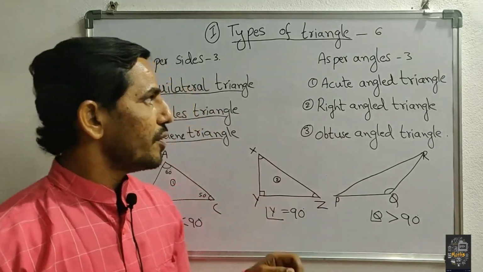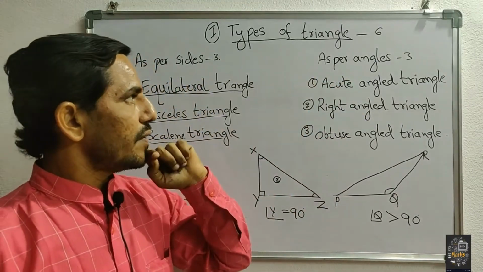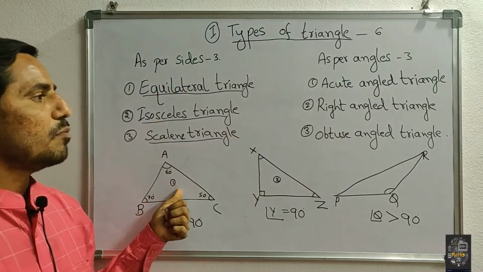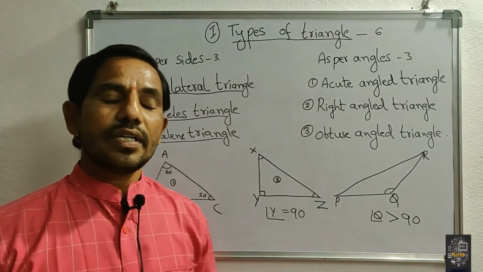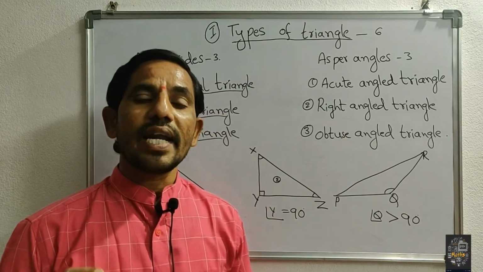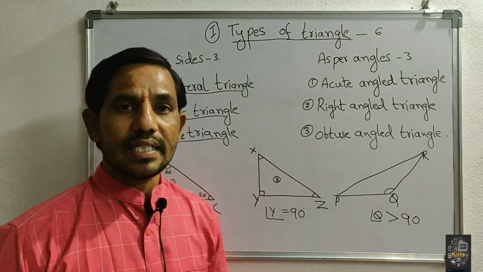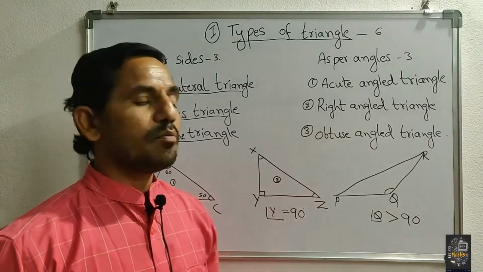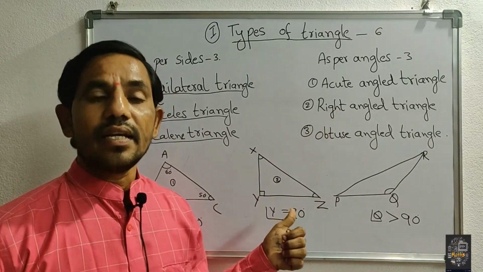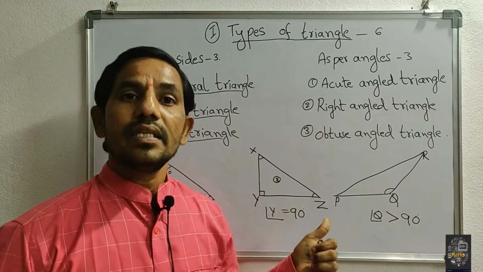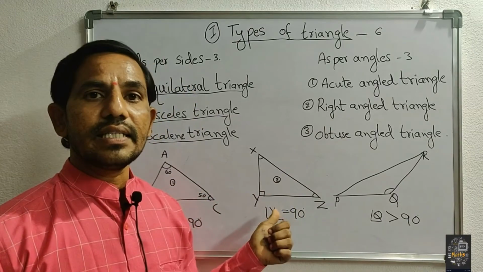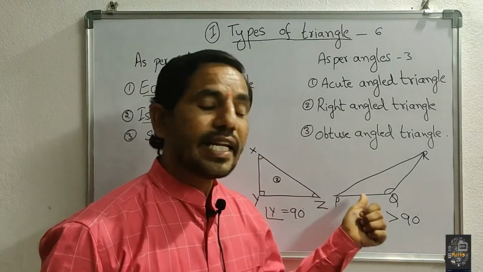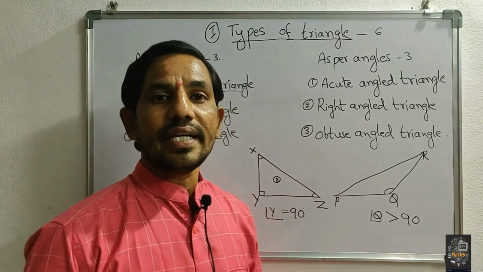Once again I will repeat. As per angles, there are 3. First one, acute angled triangle, means in which triangle all angles are less than 90 degrees. Right angled triangle means in which triangle any one angle is exactly 90 degrees. Obtuse angled triangle means in which triangle any one angle is more than 90 degrees.